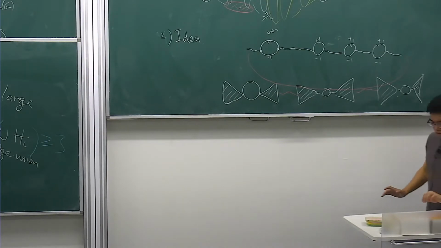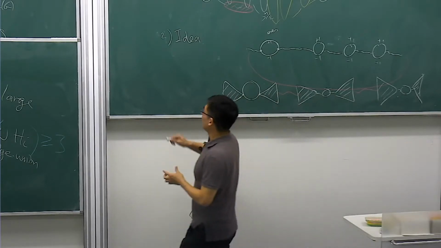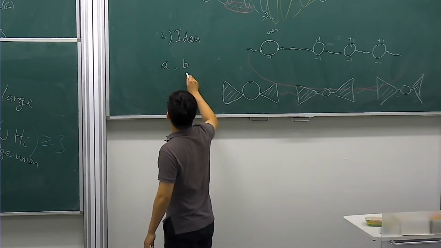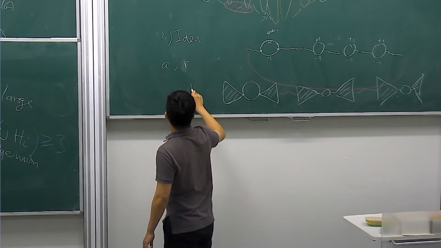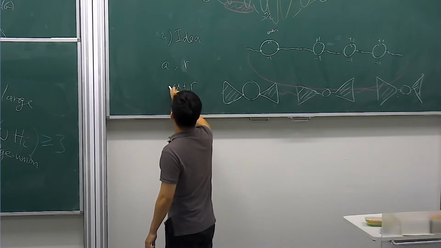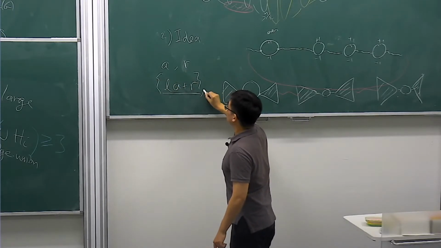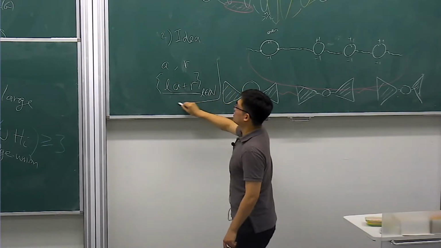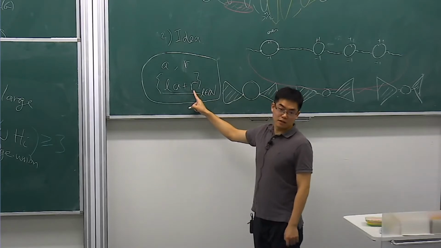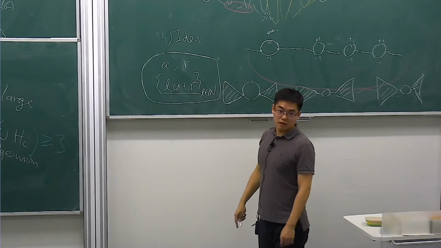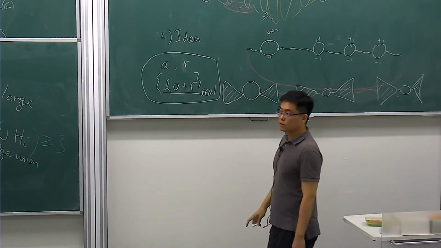You can take any a and b such that you let r be the residue, right? If this is my sequence, you take r to be n. You take any residue, I can hit this sequence. And if you calculate the number, it will be the right number as a corollary.